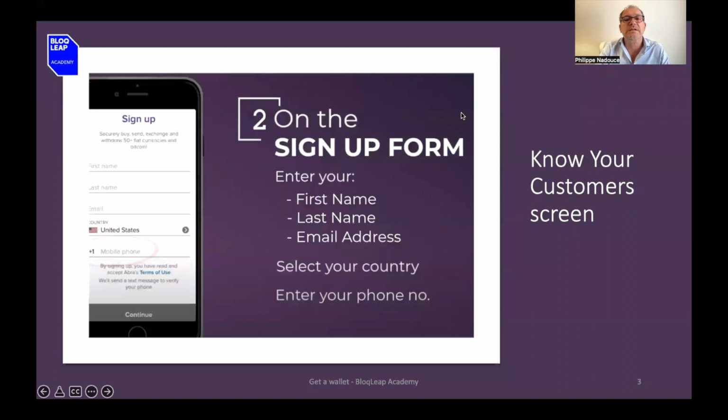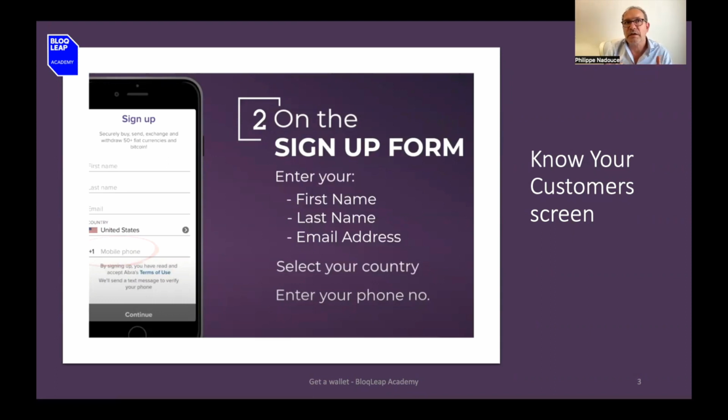The second step is the one people disagree with if they are really hardliner Bitcoiners and they don't want to give their personal details to any third party, to anyone. Here they ask you for your first name, last name, email address, so they know who you are.